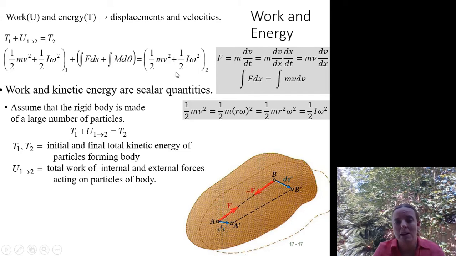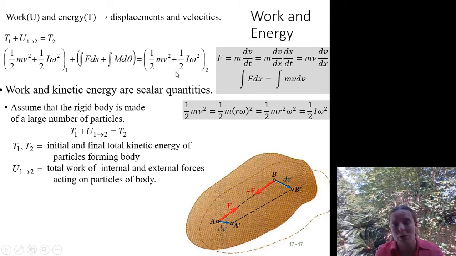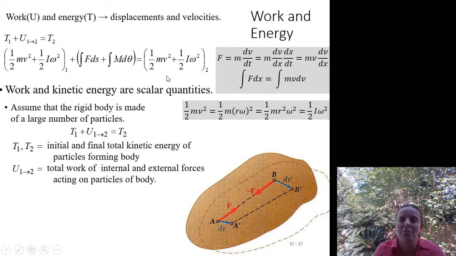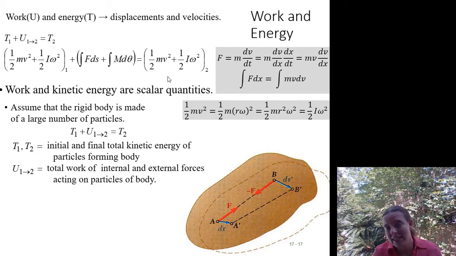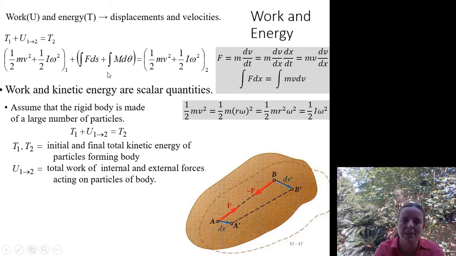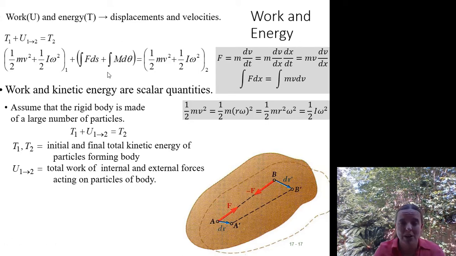And then we'll think about the final energy. So maybe it rolled to a stop, or maybe it's speeding up, but we're going to add together any kind of motion in the system going on at some later scenario, and what happens in between those two times that changes that energy, both translational and rotational energy.